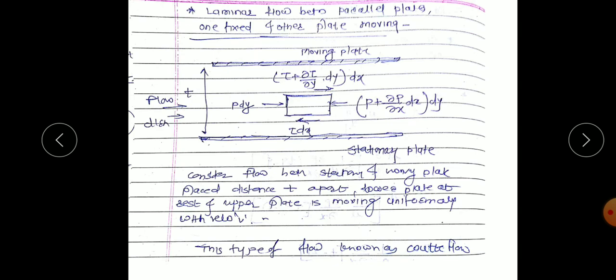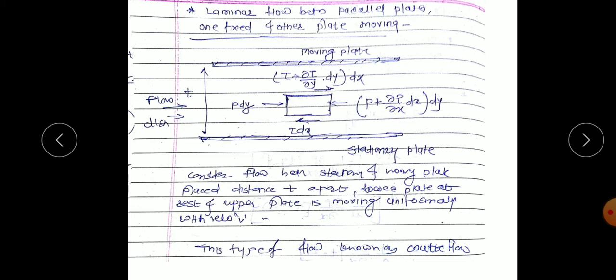So again using the same fluid element, the only change is that the top plate is moving and the bottom plate is stationary, and the fluid flows from left to right. Same arrangement of the fluid element: pressure p dy acts on this face, opposite to the flow is p plus delta p by delta x, and shear stress opposite to the flow is tau dx.